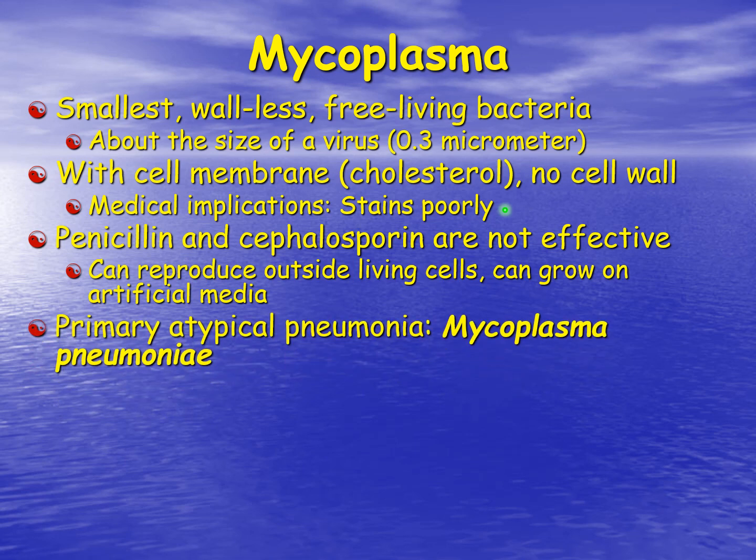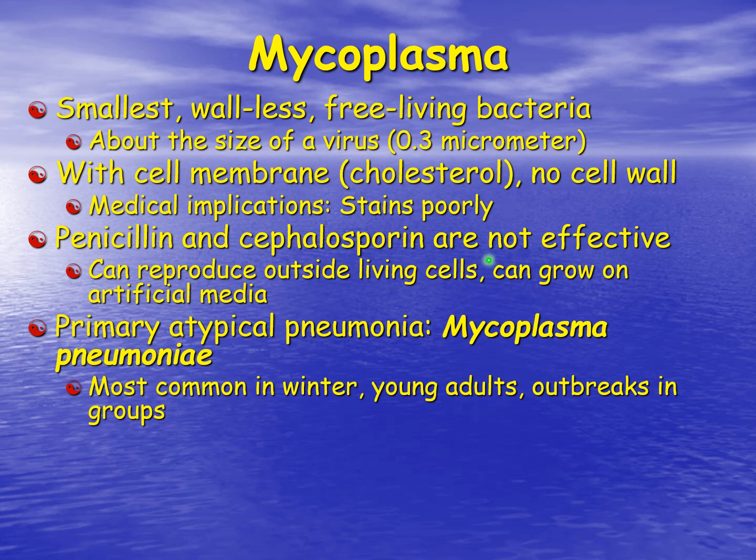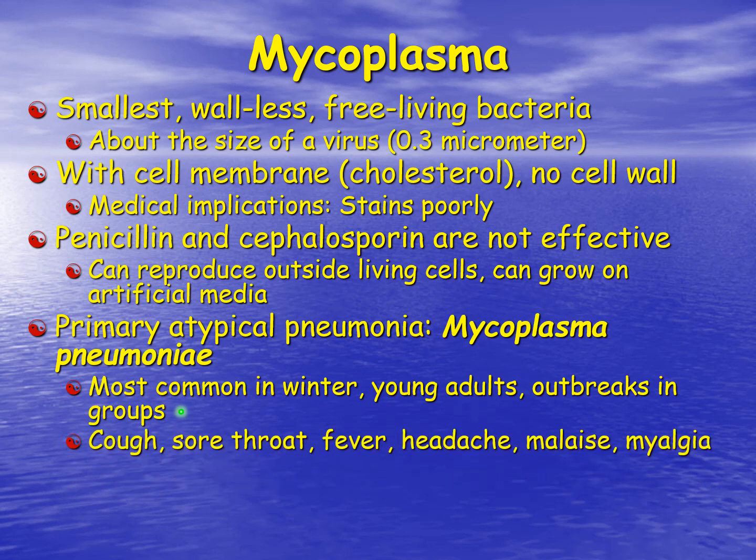Mycoplasma pneumoniae is the primary mycoplasma bacterium we see, and it causes an atypical pneumonia, also sometimes referred to as walking pneumonia. This is most commonly seen in the winter, in younger adults, and oftentimes we see outbreaks within cloistered groups like college dormitories and other housing facilities.